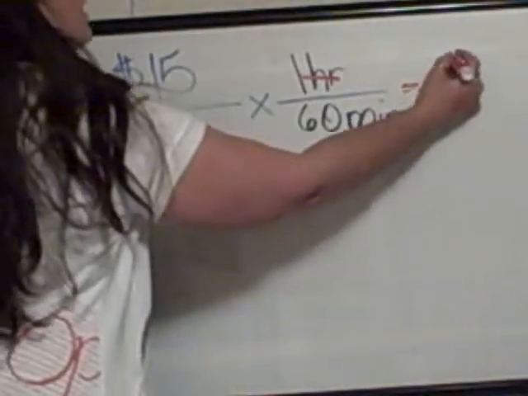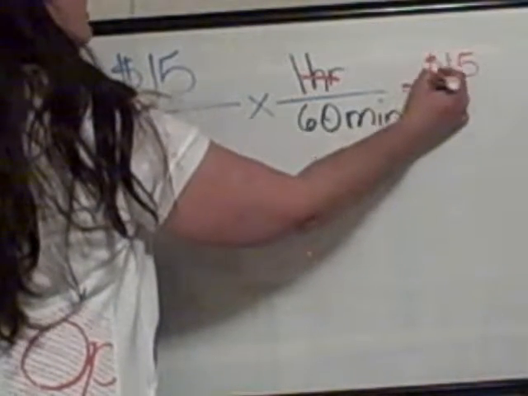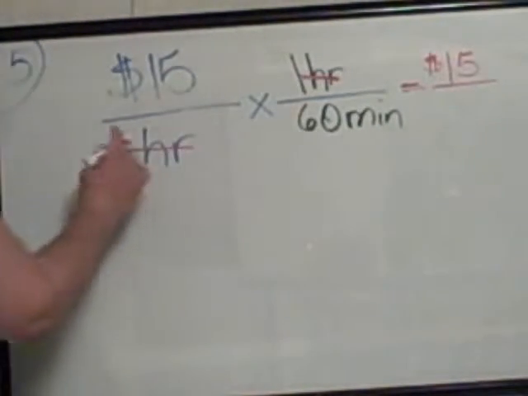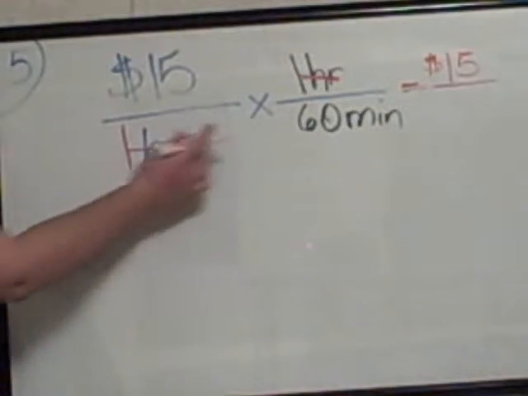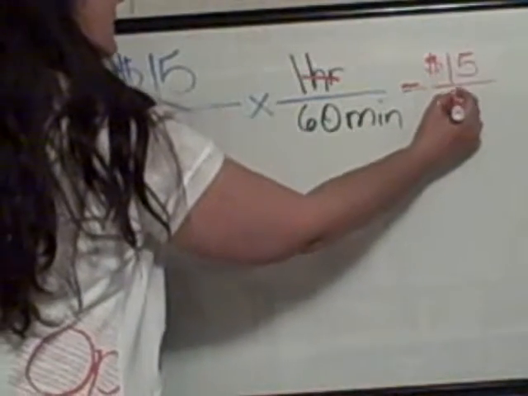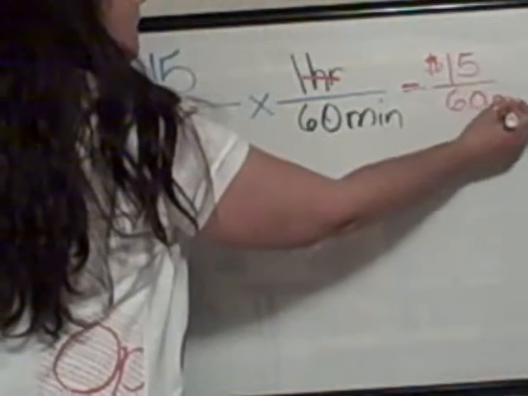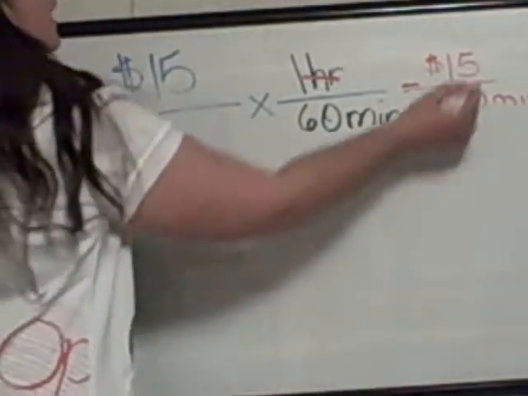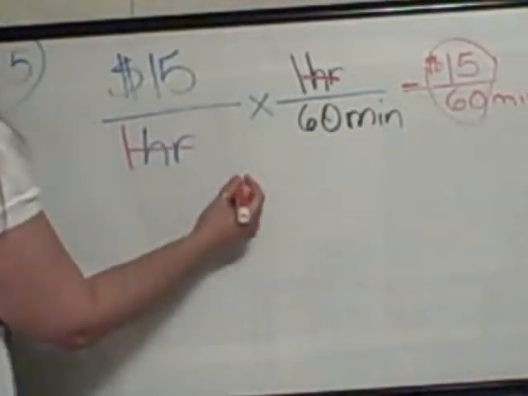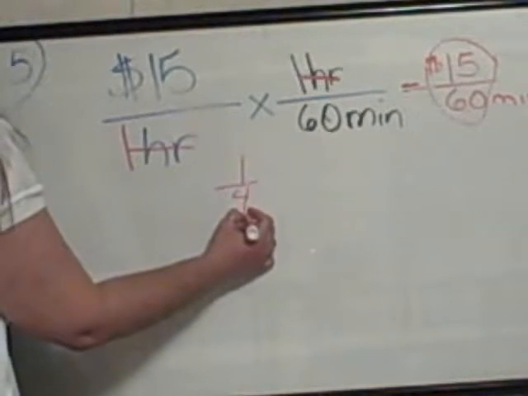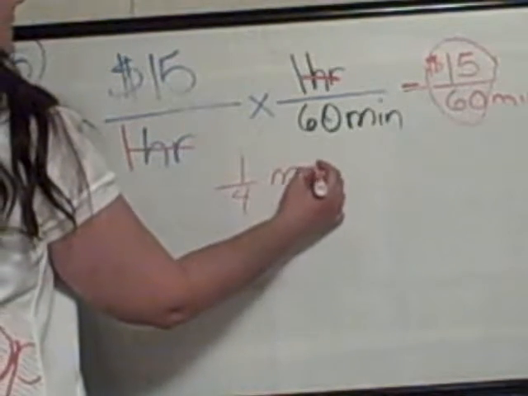15 times 1 is $15. 1 hour times 60 minutes is 60 minutes. And then I reduce 15 over 60 to 1 over 4 minutes.